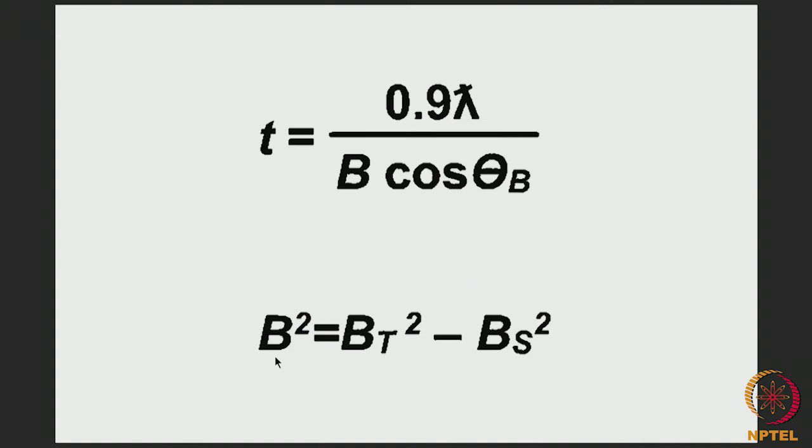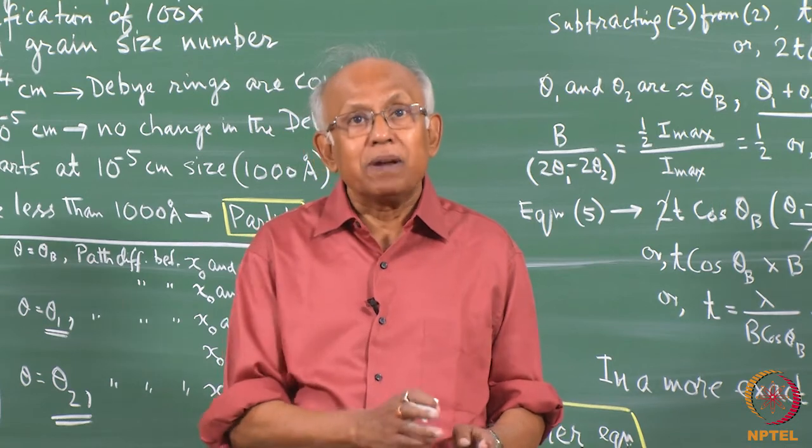Now, it may so happen that we have a polycrystalline material containing very fine grains, of the size of particles. The problem is that in such materials it is quite likely that there will be some non-uniform strain throughout the material.